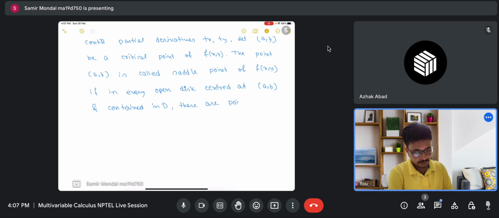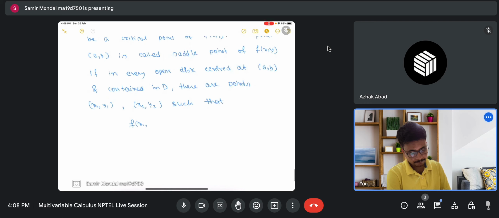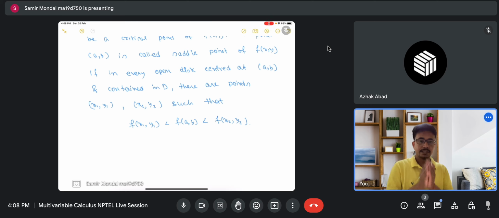there are points (x1, y1), (x2, y2) such that this is satisfied. This means we will not get any open disc such that f(a, b) is either less than or equal to, or greater than or equal to, the functional values on that open disc.